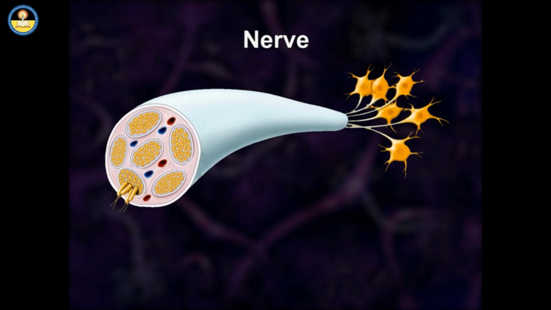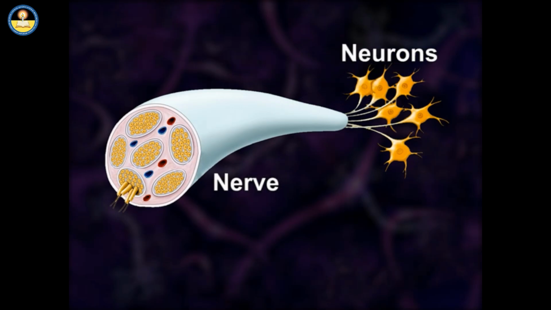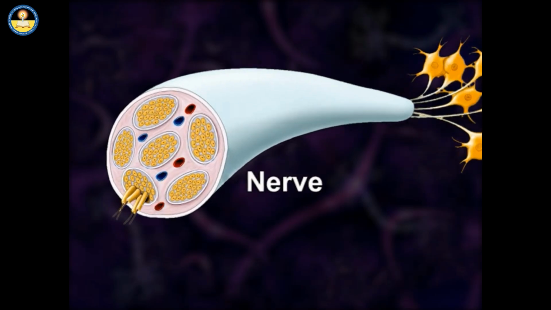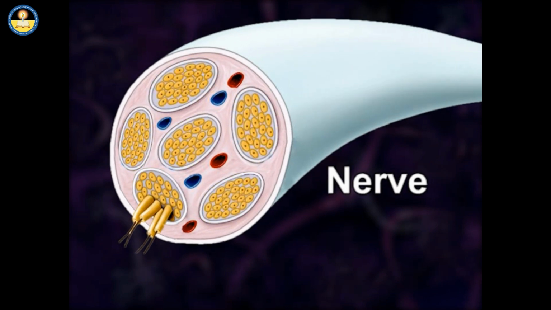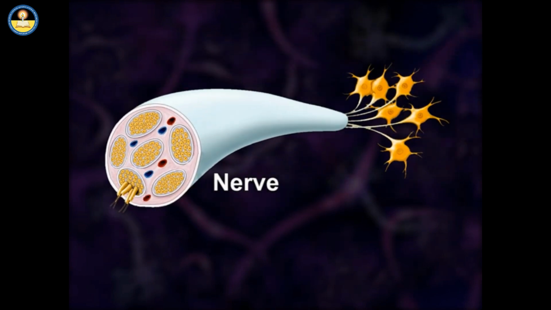Nerve. Nerves and neurons may sound similar, but they are two completely separate components of the body. Fibers of multiple neurons serving a similar function wrapped up in a piece of connective tissue is called a nerve.